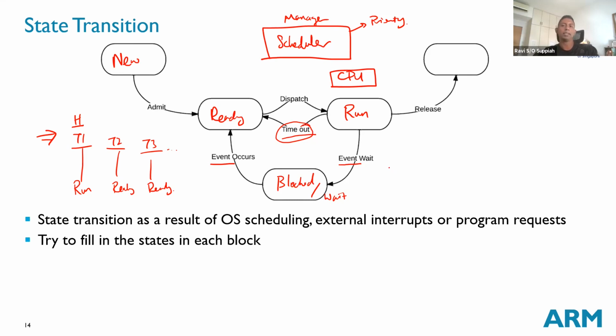A simple example: your task is running, and it is supposed to send some data out to the UART port, but when it tries to access the UART port, it is not available. It wants to carry on with the task but is not able to, so it can go into what we call a block state.